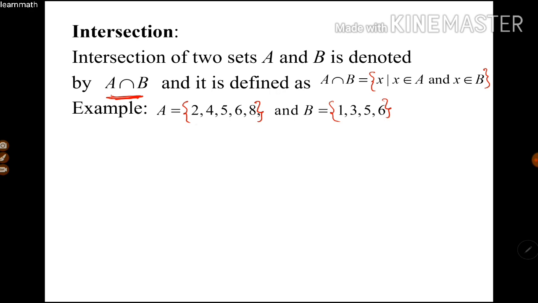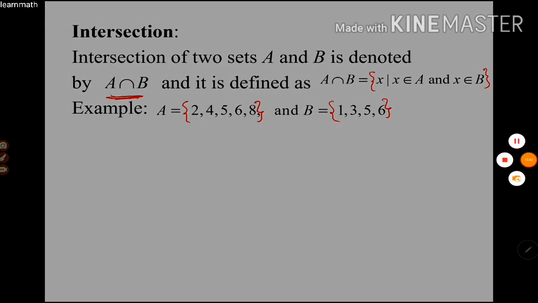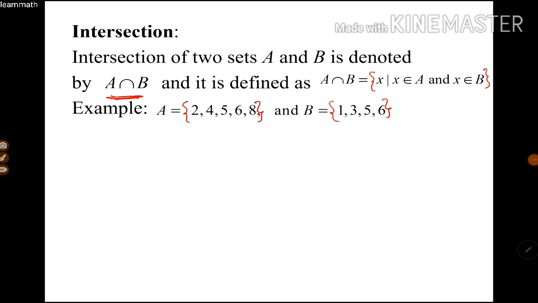A is equal to 2, 4, 5, 6, 8 and B equals 1, 3, 5, 6. Now what is the intersection of A and B? From the definition, the elements common in both A and B. What are the common elements? 5, 6. So A intersection B is equal to 5, 6.